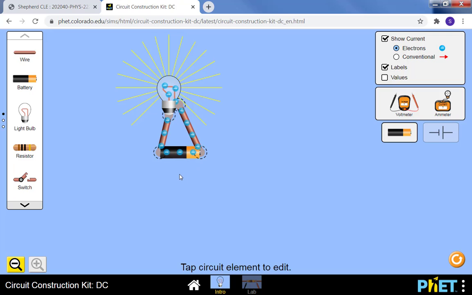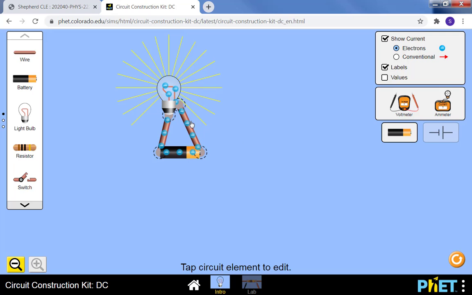The other thing to notice is that for every electron that enters the battery, one leaves. And the same thing for the light bulb. As an electron enters the light bulb, another one leaves. And the point here is the current isn't used up. The electrons don't just get to the light bulb and stop.